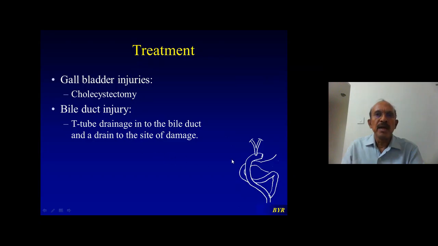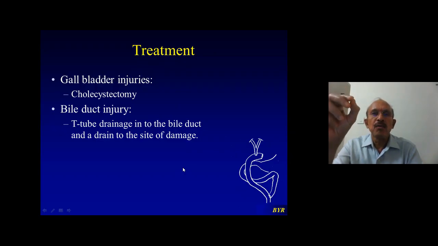That means when a bile duct is just damaged, with only a partial cut, then just like what you have done in the choledochotomy operation, there also you have cut the bile duct. Similarly, there is an injury to the bile duct. So there, how did you close it? You just put a T-tube and then close it.